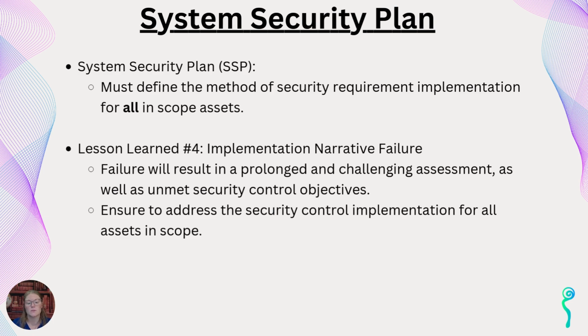And so their system security plan just talks about Active Directory or Entra ID as the method being used to push out and enforce these control requirements, but it does not address how the control requirements are being implemented and enforced on those non-domain joined assets. So, just a couple of examples.